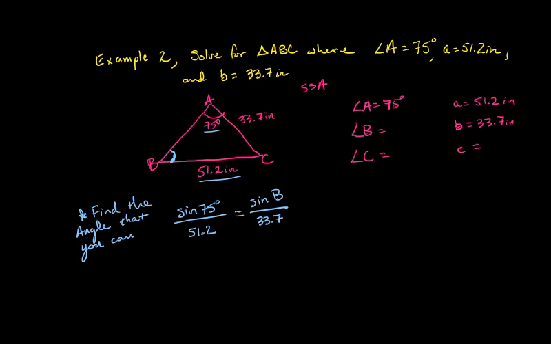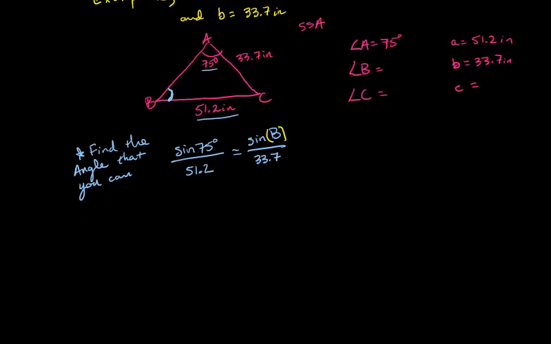And notice that it's an angle inside this sine function. It's trapped inside here. So what am I going to have to use? I'm going to have to use an inverse function in order to figure out angle B. But first, what we're going to do is we're going to get the sine of B alone. I'm not going to cross multiply because sine of B is on top, but I am going to multiply by 33.7 on both sides.